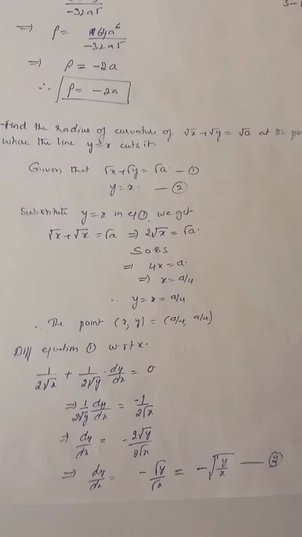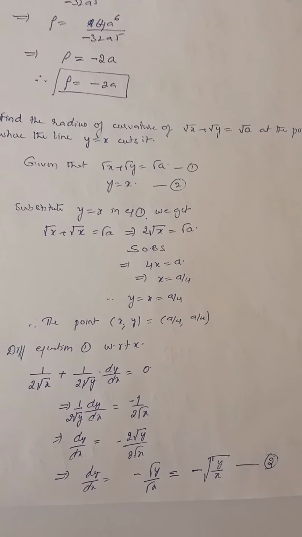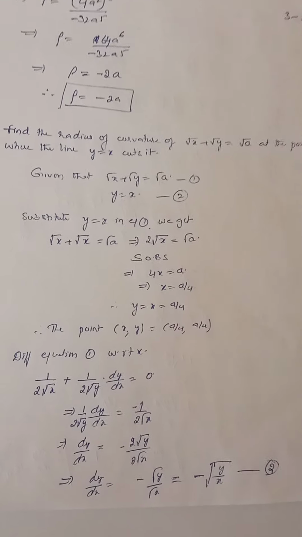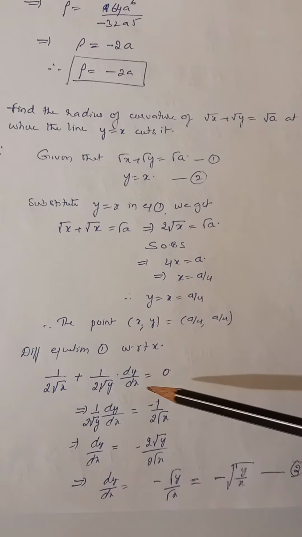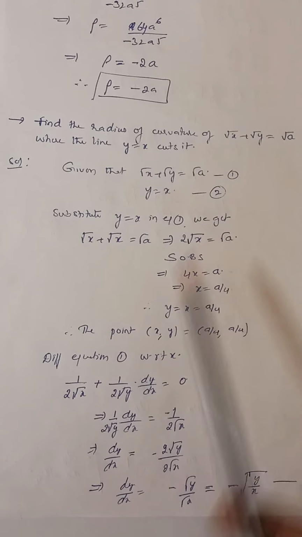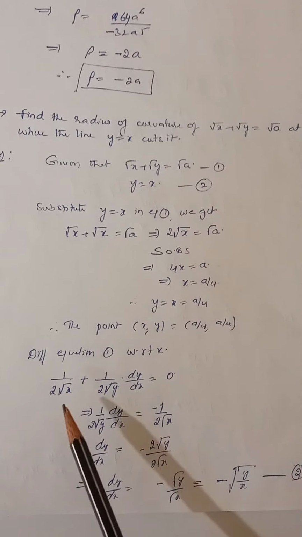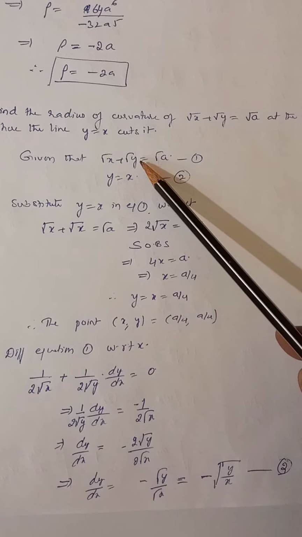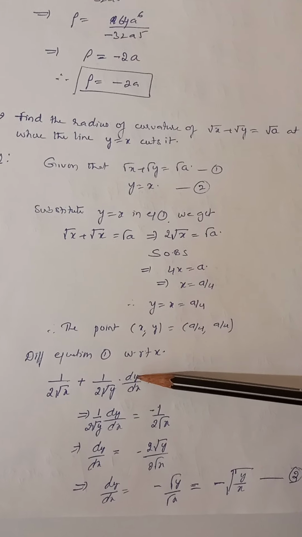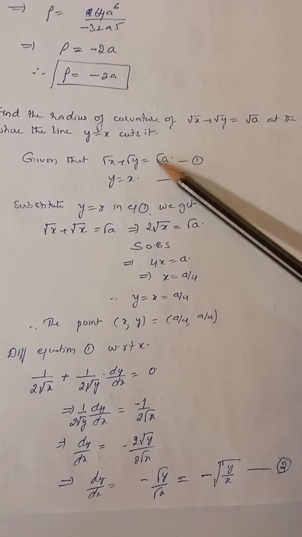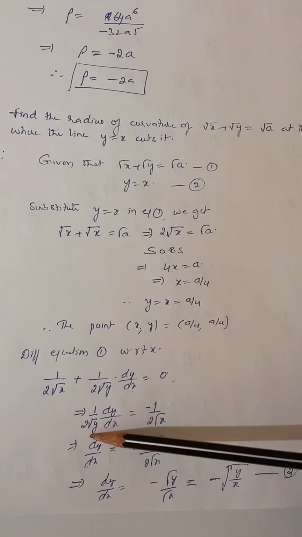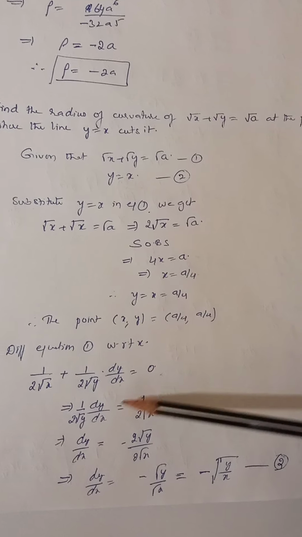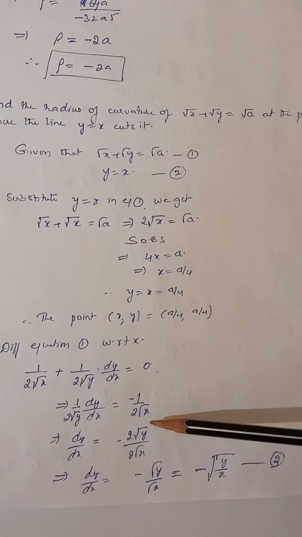Now to find the radius of curvature, we need to find dy by dx and also d square y by dx square. That's why we have to differentiate equation 1 with respect to x. Now d by dx of root x is 1 by 2 root x. d by dx of root y is 1 by 2 root y into dy by dx. d by dx of root a, a constant, is 0. So 1 by 2 root y into dy by dx is equal to minus 1 by 2 root x.